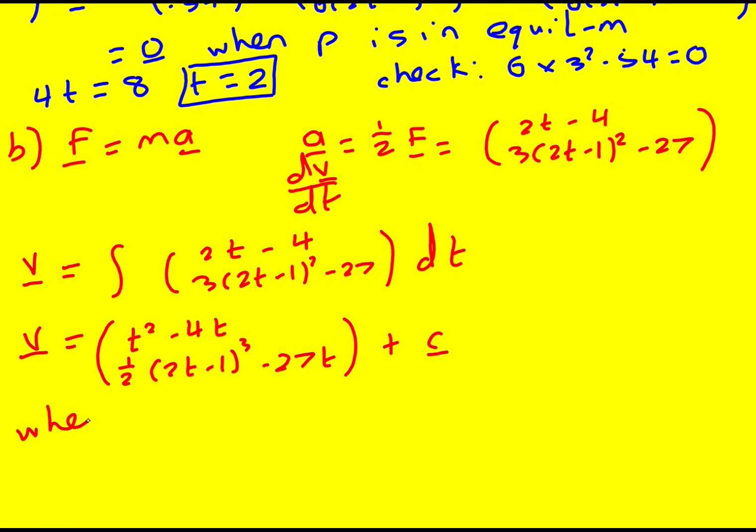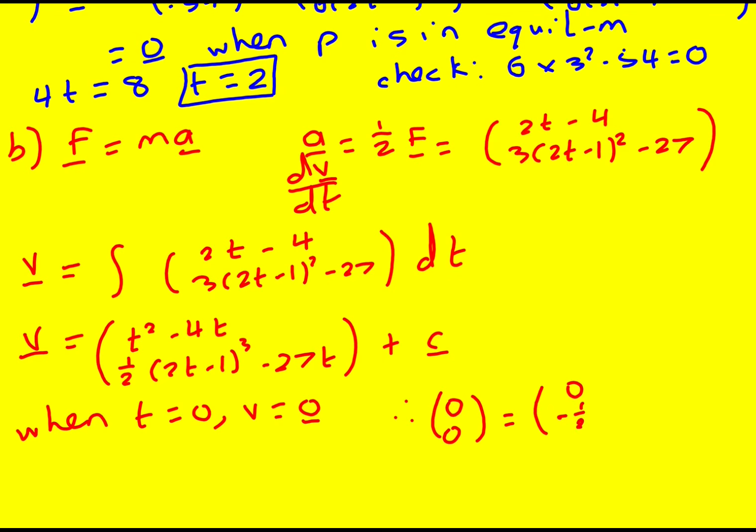Okay, when t equals 0, v is equal to 0. We were told that it was at rest. Therefore, 0, 0 is going to equal the top. When I put 0 in, I just get 0. The bottom, however, I'm going to get 0 minus 1, which is just minus 1, cubed to give minus 1 again, times by a half. I'm going to get minus a half.